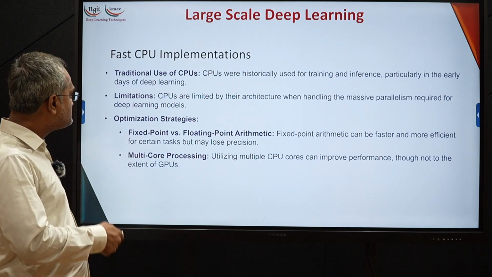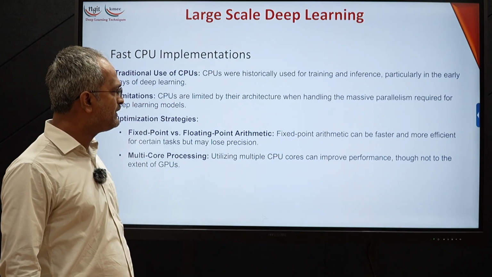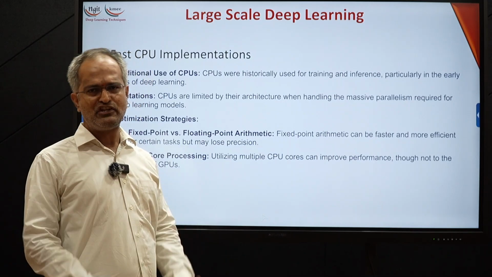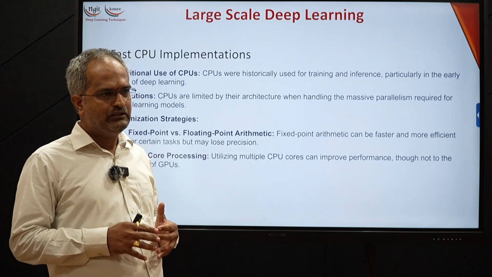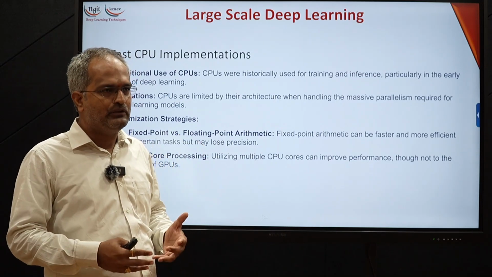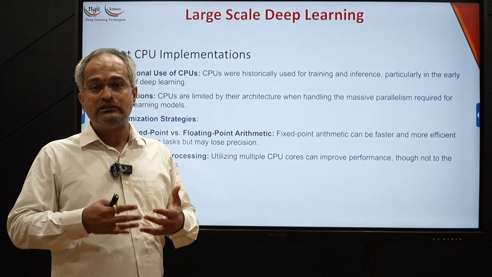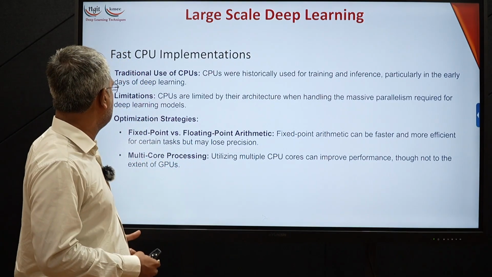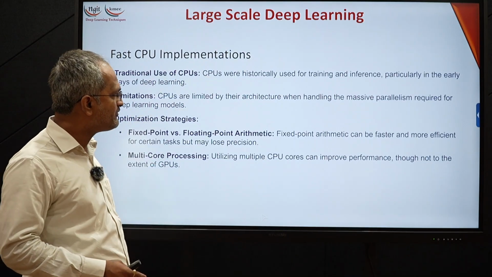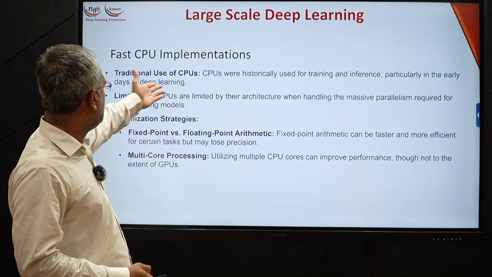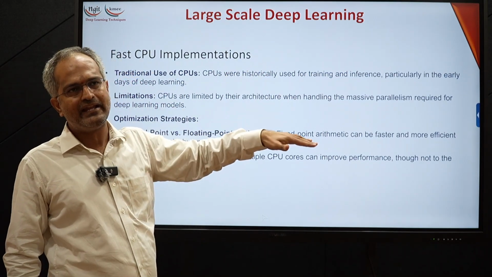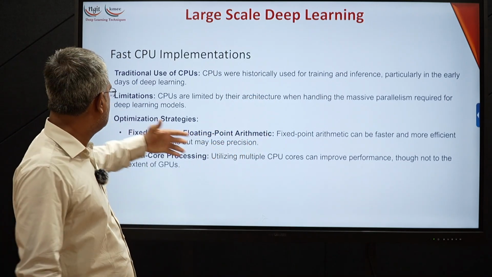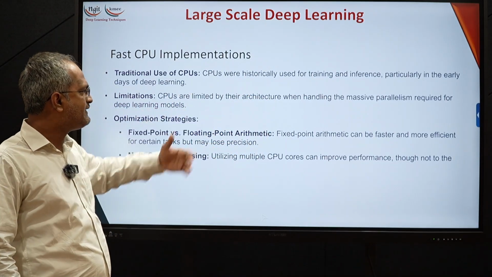The traditional CPUs may be sufficient for some kinds and sizes of data, but they are not capable of working on large amounts of data. Especially in deep learning, training and inference are very difficult and very limited on them.